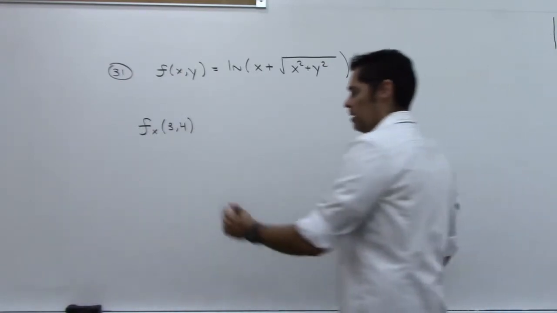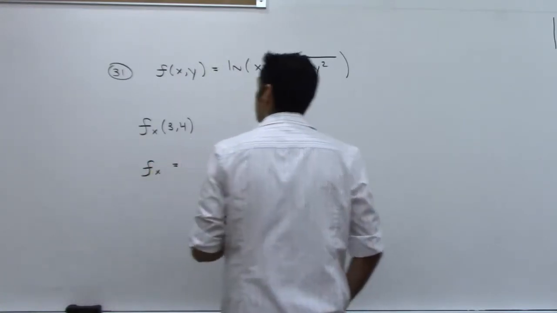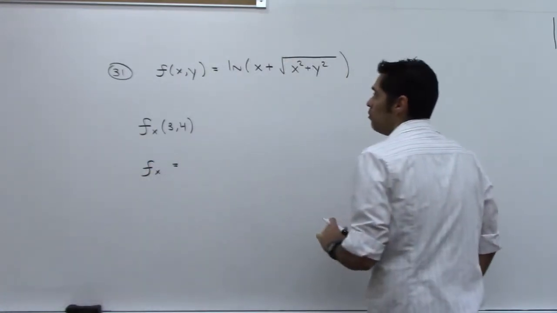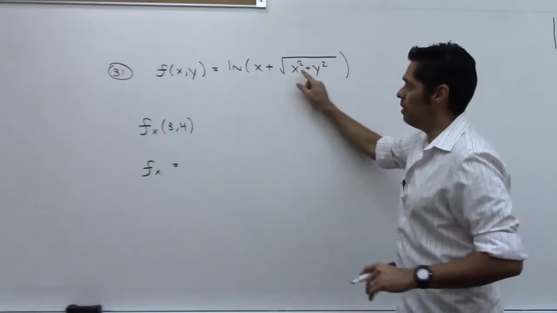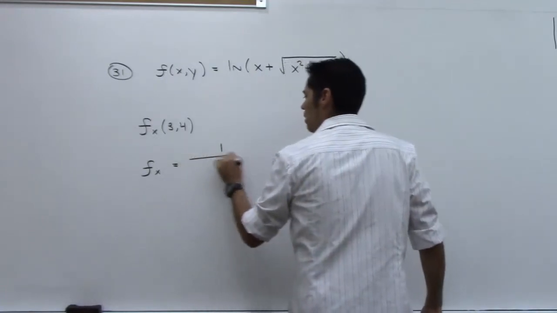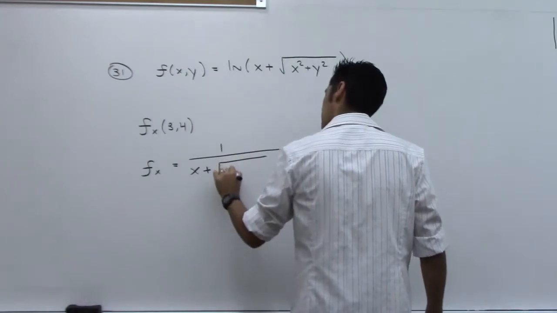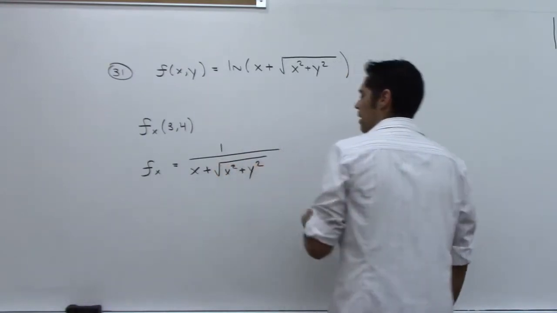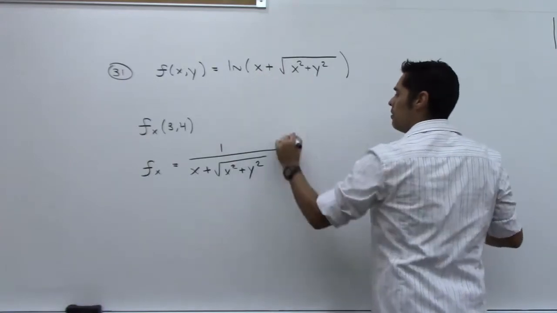So let's work first on getting the partial with respect to x. This will be equal to, well, we're treating y like a constant. So those x's are variables. So first of all, what's the derivative of natural log of something? It's 1 over the something, times now the derivative of what's inside. Now we have two terms, so I'm going to do each one.